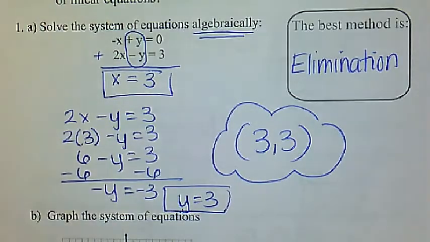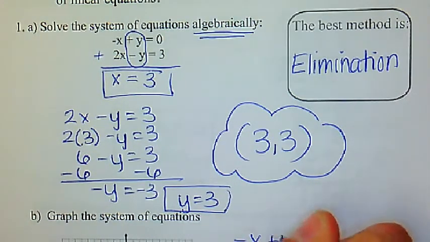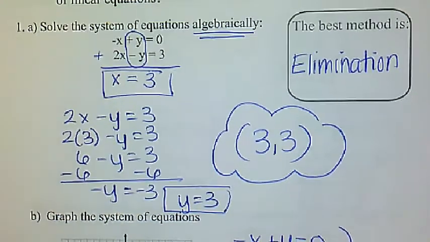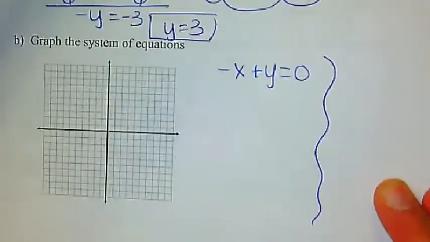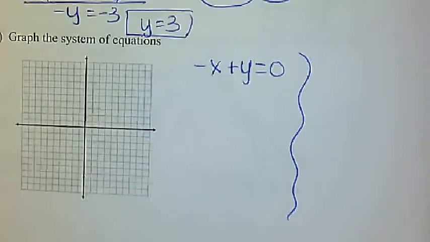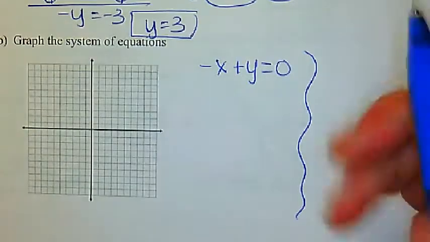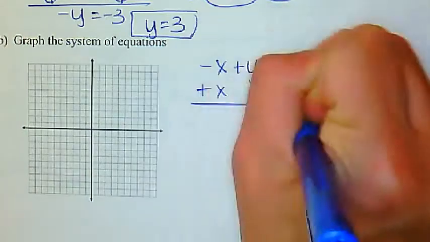All right, so the next thing I want to do is just do the graphing for this too, just to refresh ourselves on that. So if I'm going to graph this first one, I have negative x plus y. So I'm going to add x to both sides.